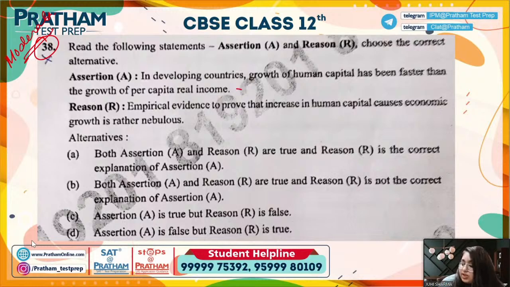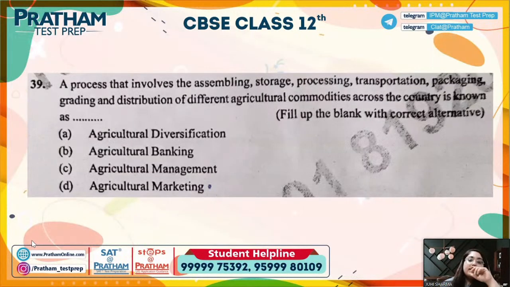Now, ये आपका true है that yes, it is true in developing countries. Reason जो इसका दिया है, it is that empirical evidences to prove that increases in human capital cause economic growth is rather nebulous. Now this is also true, but it is not the correct explanation. So क्या है आपका option B right answer है that yes it is true but it is not the correct explanation.